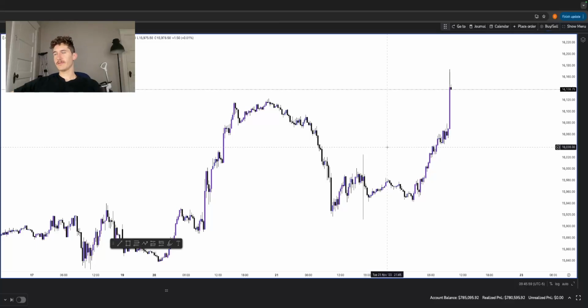So first things first, I highly recommend using software like FX Replay. If not FX Replay, then something that can do exactly what FX Replay does. If you're backtesting with something like TradingView, where you're just doing bar replay, that is absolutely not enough.